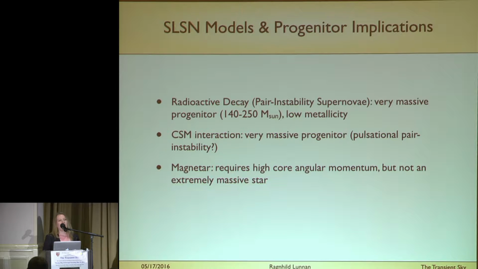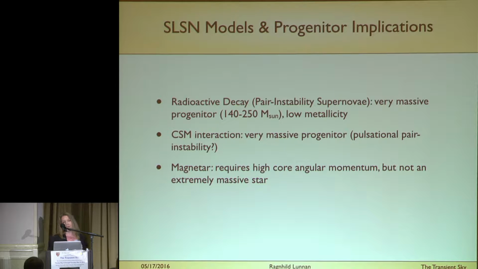In addition, you have the problem of how do I shed tens of solar masses in a few years prior to exploding. The kind of models we have for that, for example, the pulsational pair instabilities, is something that also requires a massive progenitor. So both of these first two progenitor models, you are in the very massive star regime.